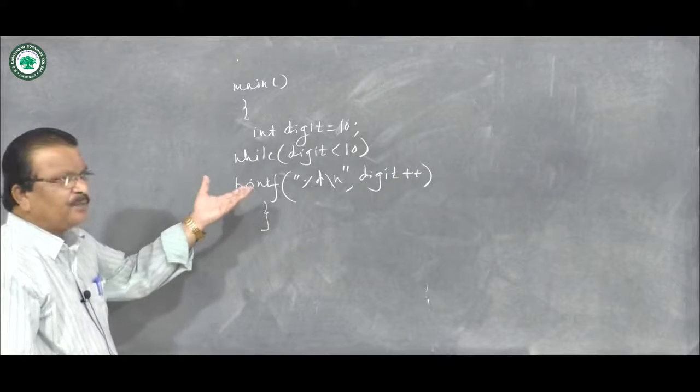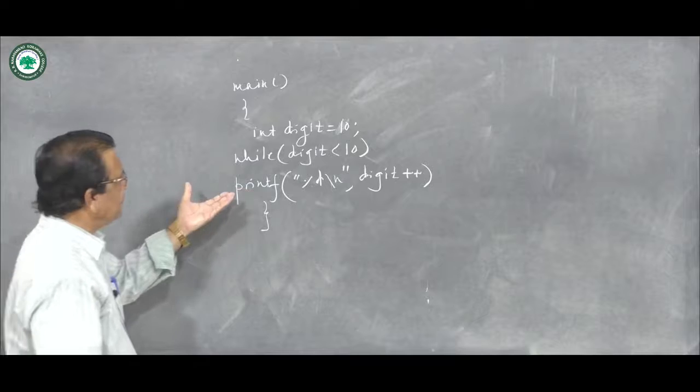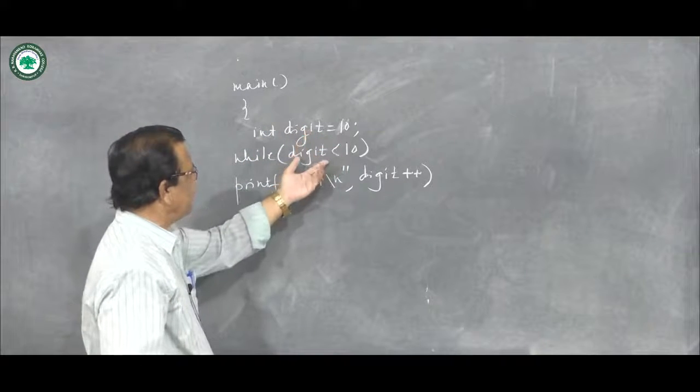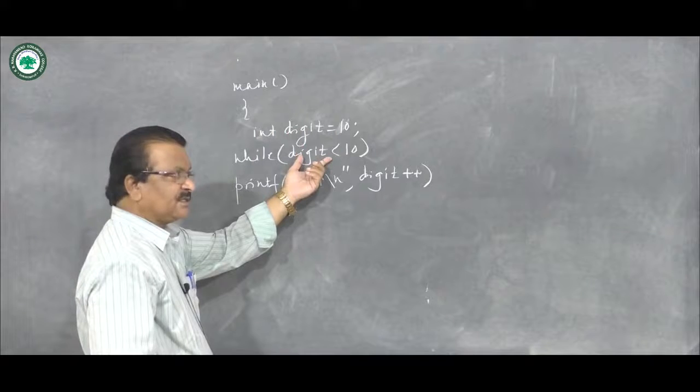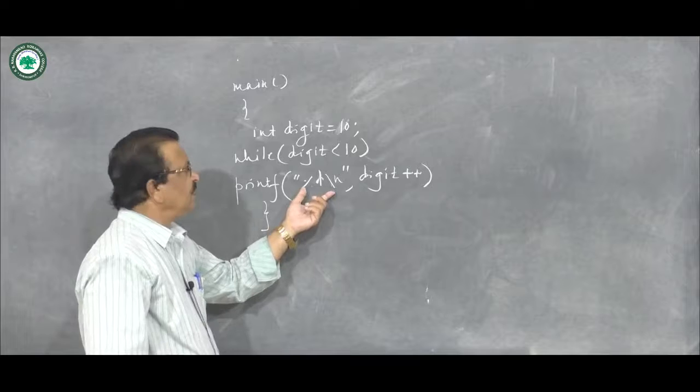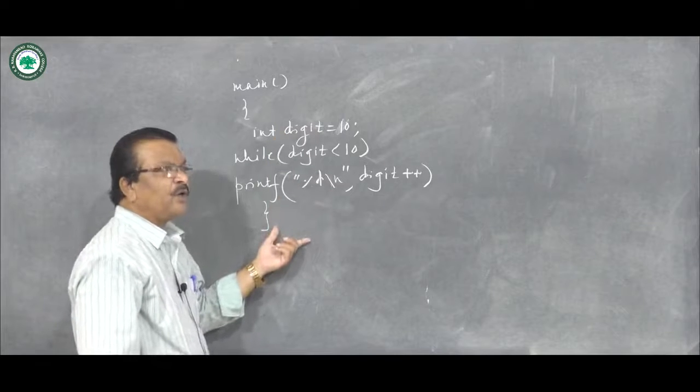So what is the output of this program segment? After while there is no semicolon, digit is initialized to 10, the condition is false, and therefore this statement will not be executed at all. So this program segment has no output.